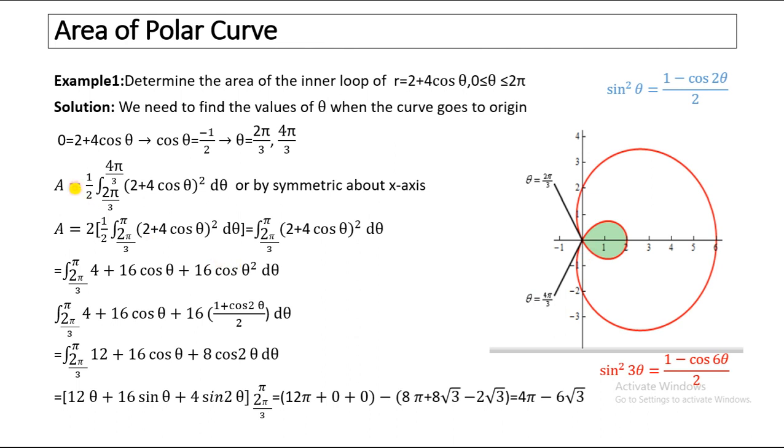Area equal half integration from 2 pi over 3 until 4 pi over 3 of r square, which is 2 plus 4 cosine theta all to power 2 d theta.